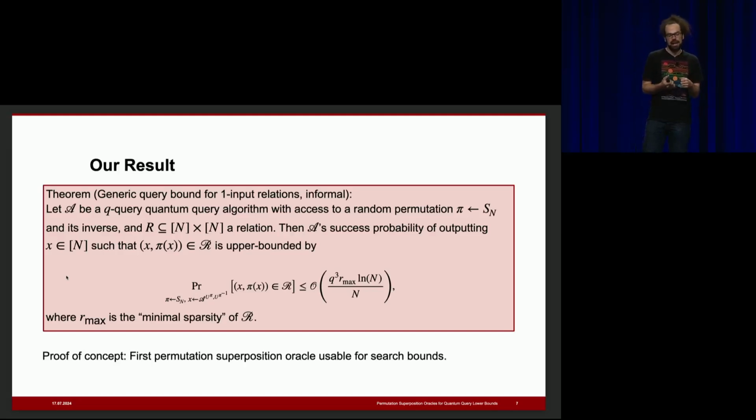We consider an algorithm A that makes Q quantum queries to a random permutation pi and its inverse, and outputs a value x, and the probability that that x together with its output under the permutation pi fulfill a relation R is bounded as a function of the number of queries, the sparsity of that relation, so the hardness of fulfilling it, and the domain size of the permutation. This should really be viewed as a proof of concept result in the sense that for the first time, we are able to prove any query bound for a search task using this technique.